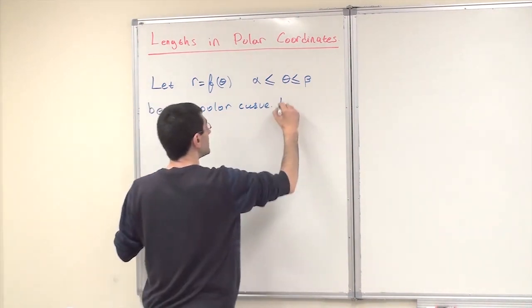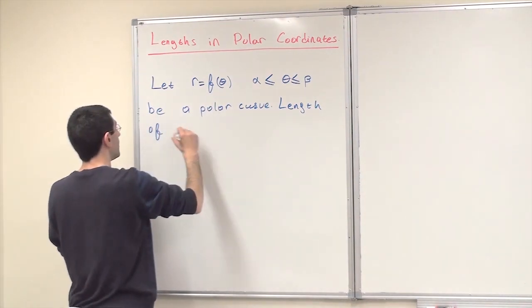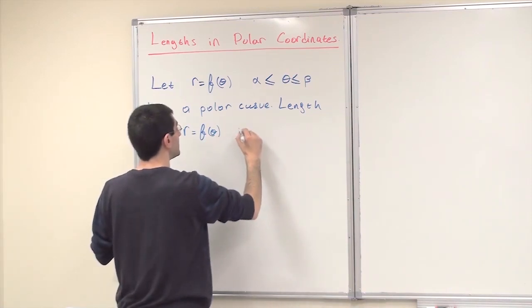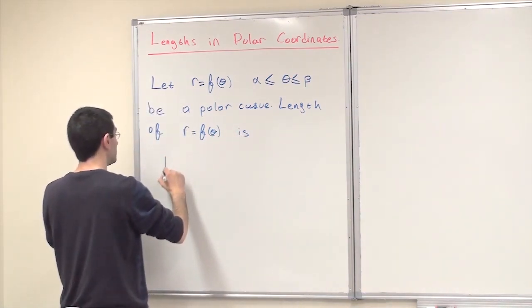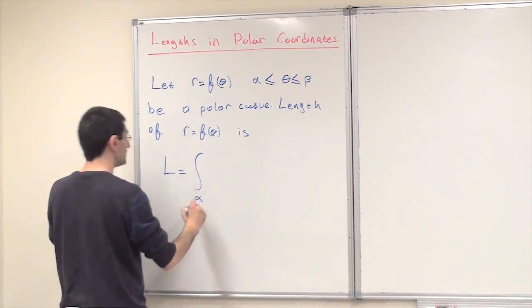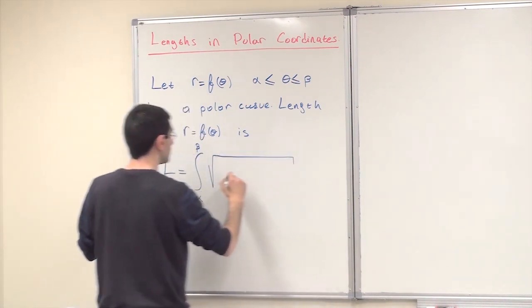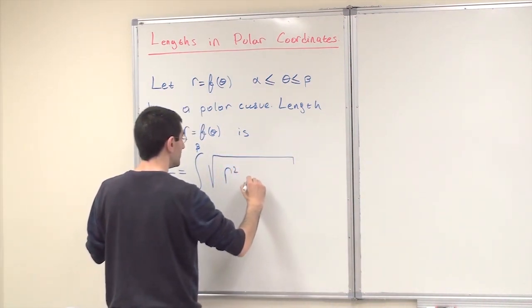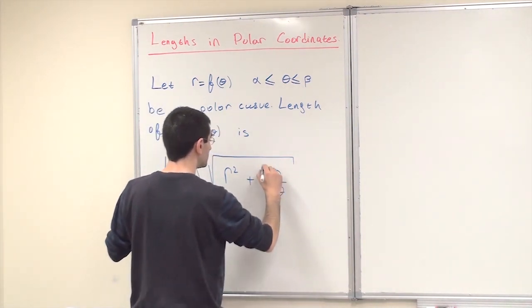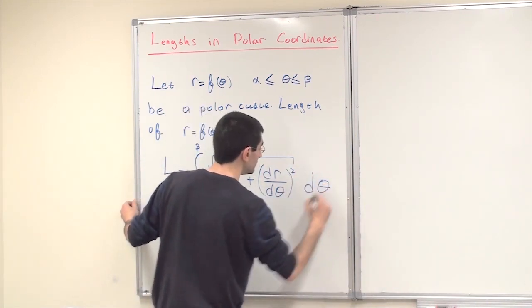Now, the length of r equals f theta is given by the following formula. So integral from alpha to beta of square root of r squared plus derivative of r with respect to theta squared, and we integrate this with respect to theta.